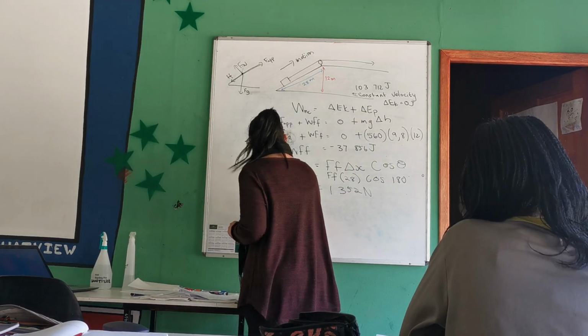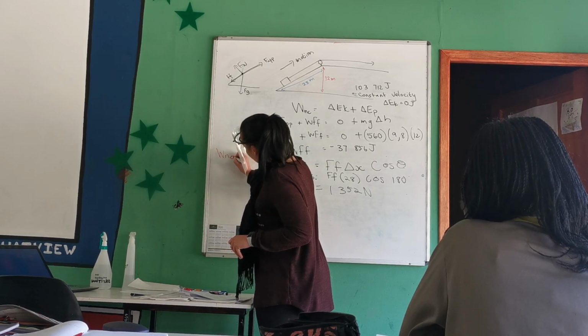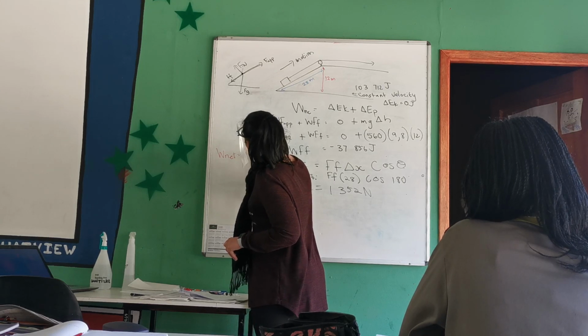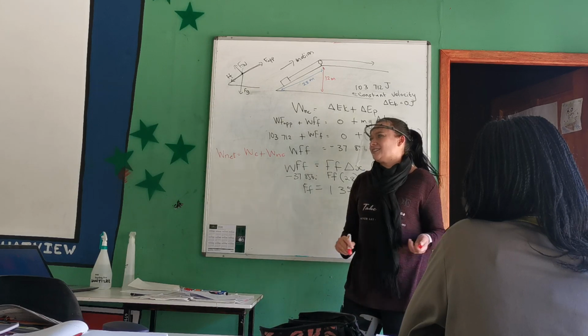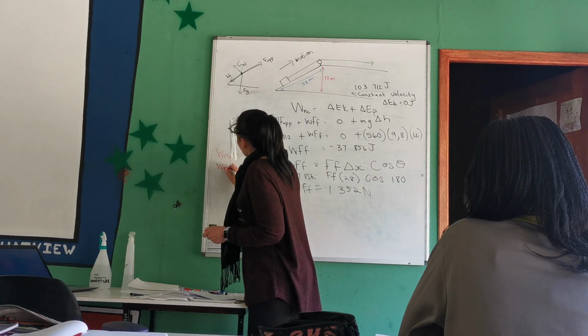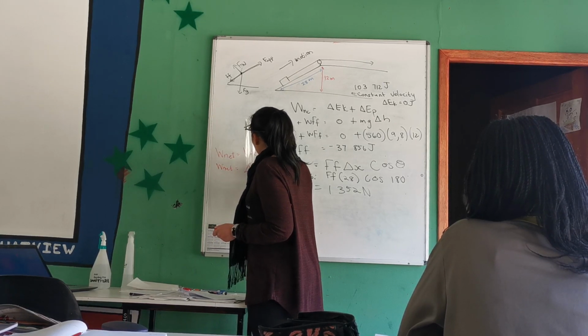The first one says that when I talk about the net work in a system, the net work would be the work done by the conservative forces added to the work done by the non-conservative forces. That makes sense, because that's the net work in the system. That net work is equal to the change in my kinetic energy.